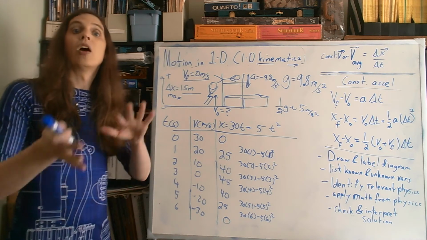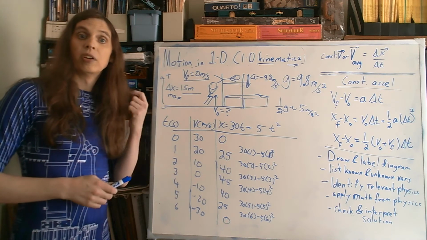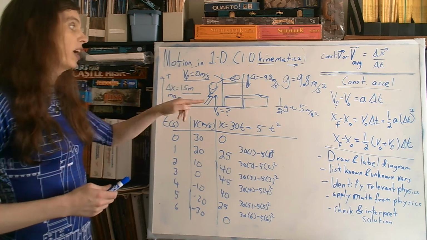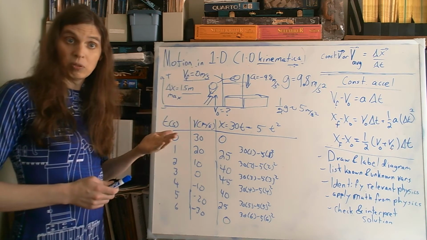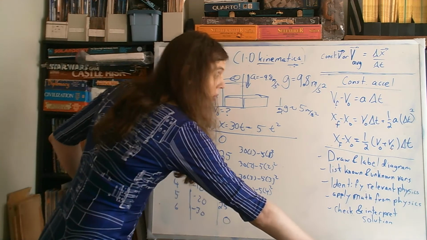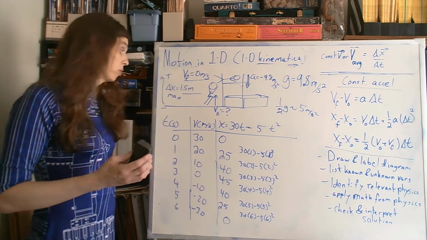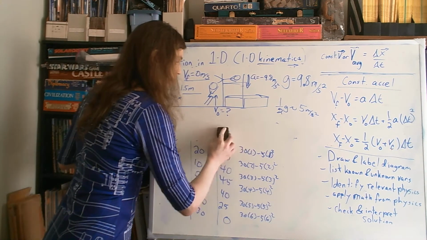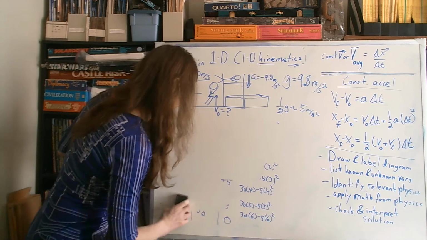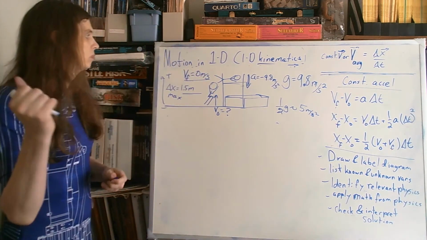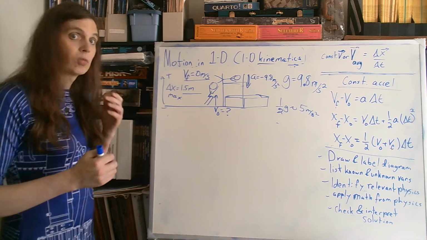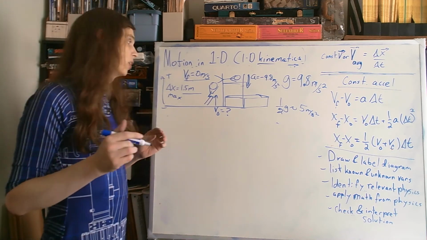Okay, now that we've seen that pattern, and again, recognize that our speed at the point where we turn around is 0. Let's continue with the problem. So, let's take a look.